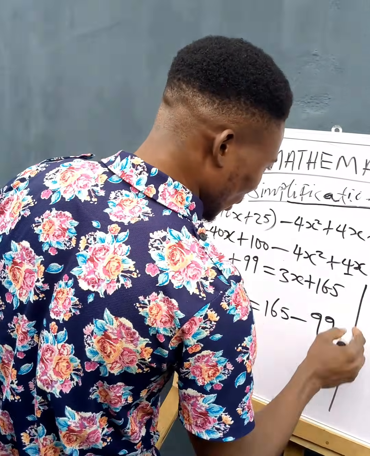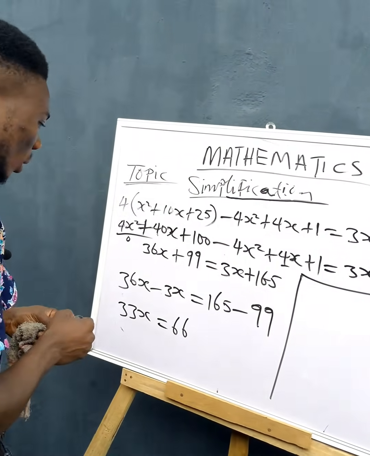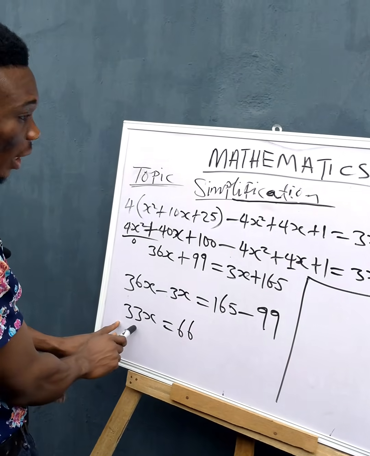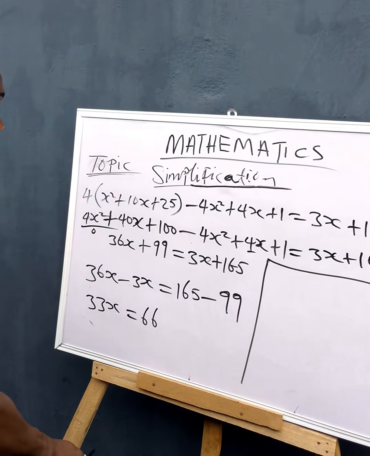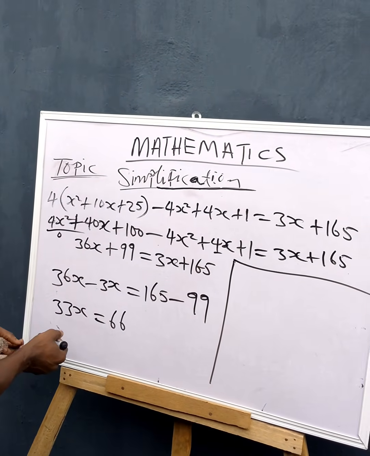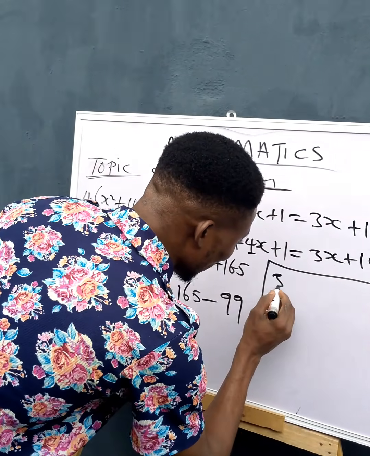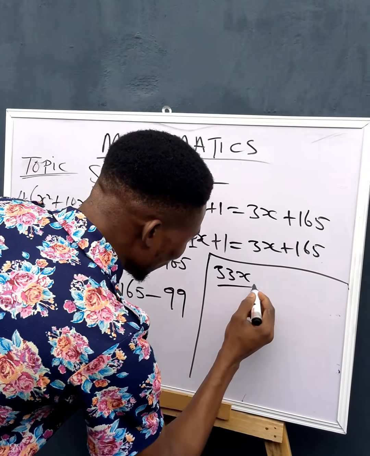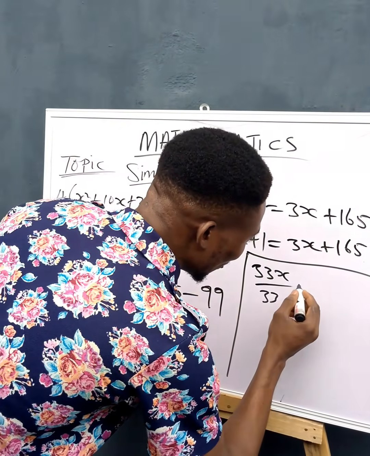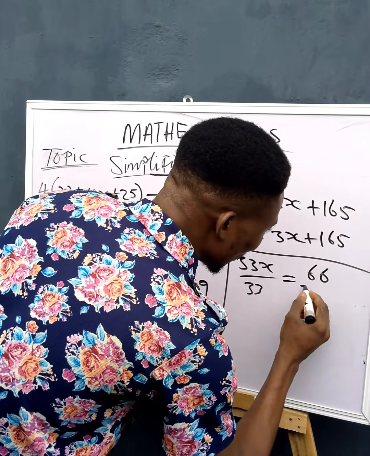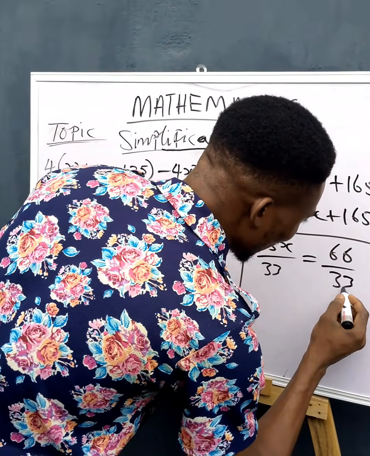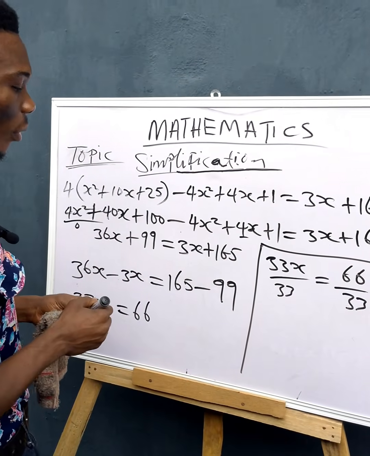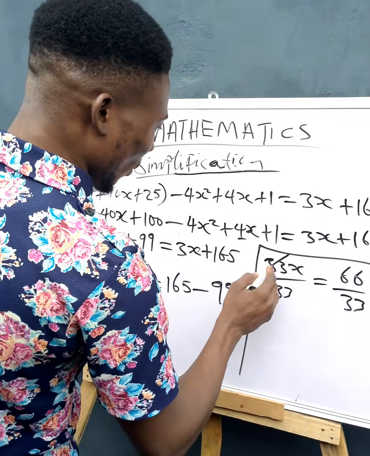to divide both sides by the coefficient of x. Divided by the coefficient of x, now you have 33x divided by 33 equals to 66 divided by 33. So in this case, you're having this.